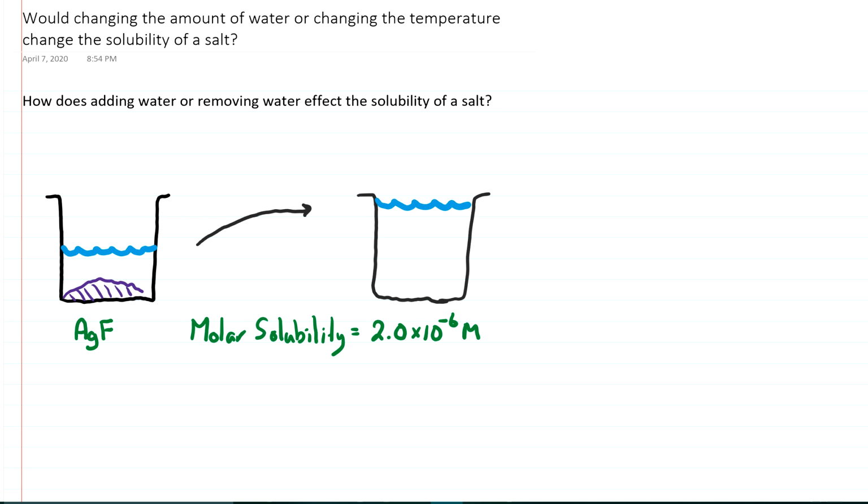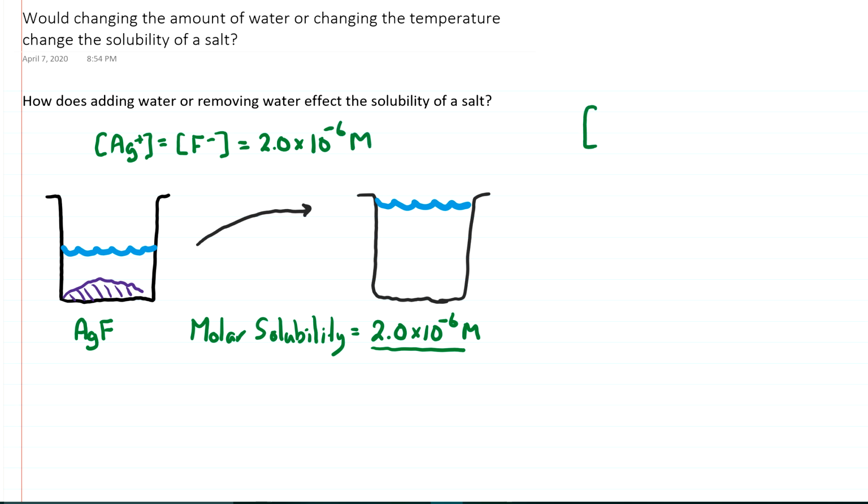So right now, let's say the molar solubility was 2.0 times 10 to the minus 6. Well, that means the concentration of the silver ions would have to equal the concentration of the fluoride ions. And since 2.0 times 10 to the minus 6 moles per liter can dissolve in water to form a saturated solution, then the concentration of each of those ions would be 2.0 times 10 to the minus 6 molar.